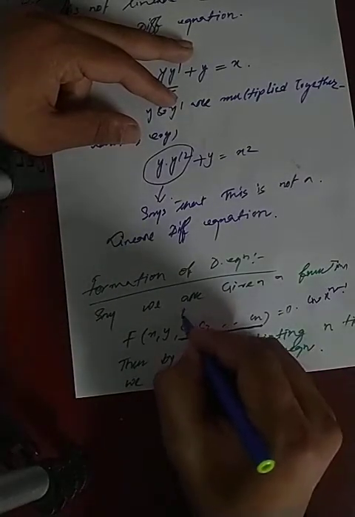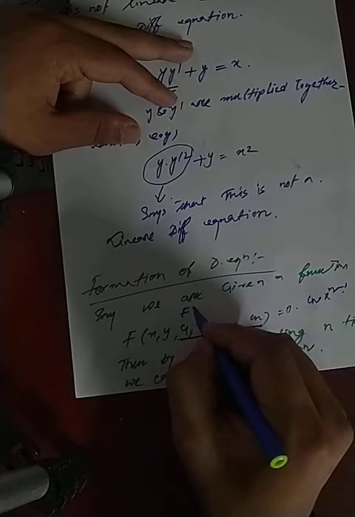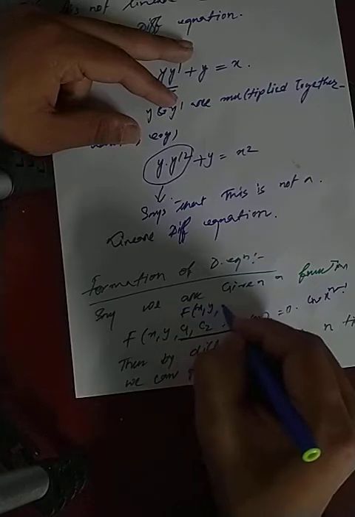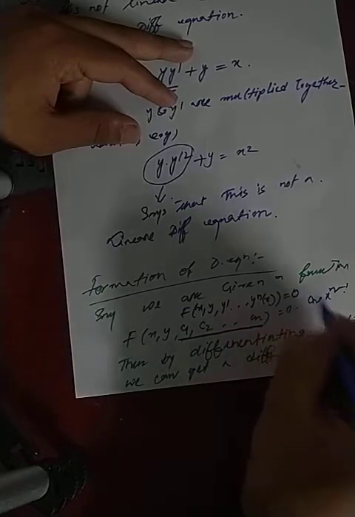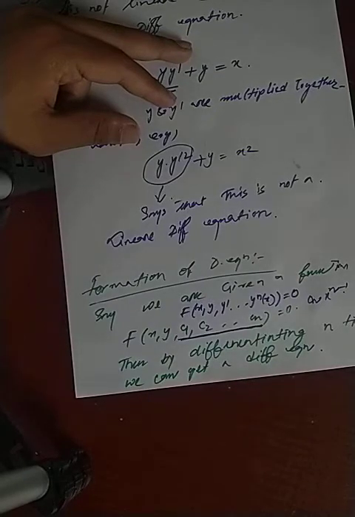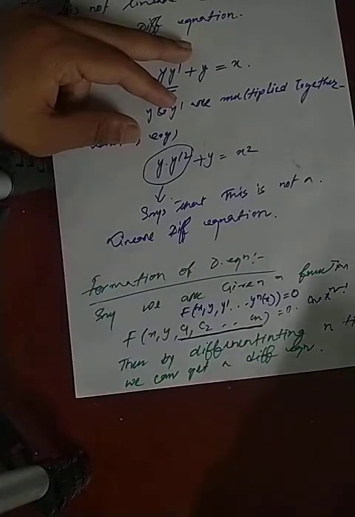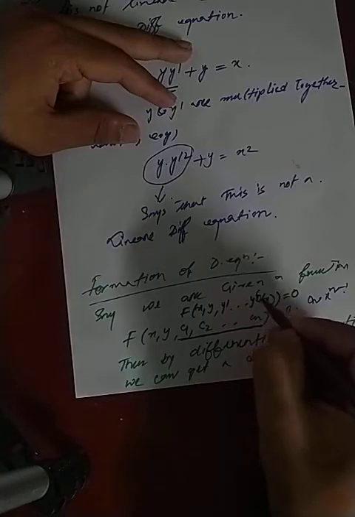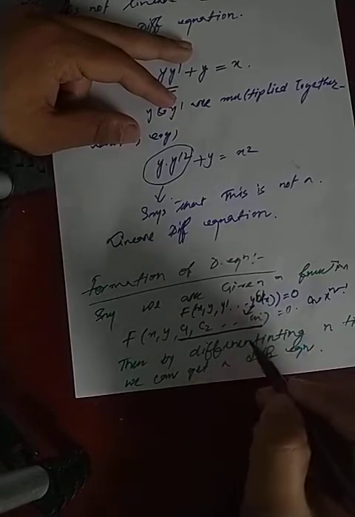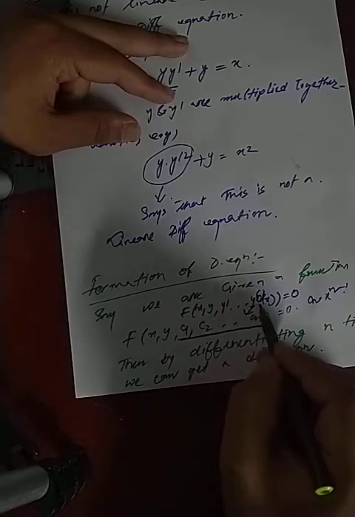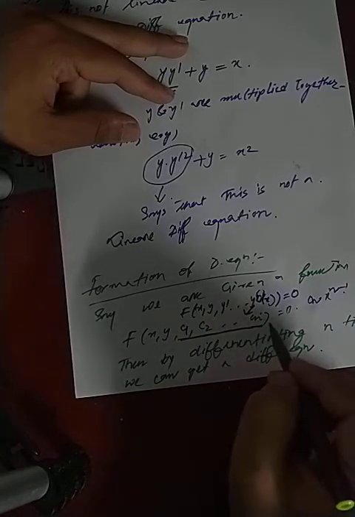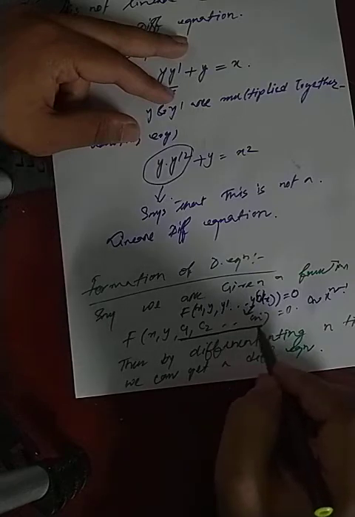So from here we can get an equation of the form f of x, y, y dash, up to y to the power n is equal to 0. So we can say that an nth order differential equation contains n arbitrary constants, that is c1, c2, up to cn.